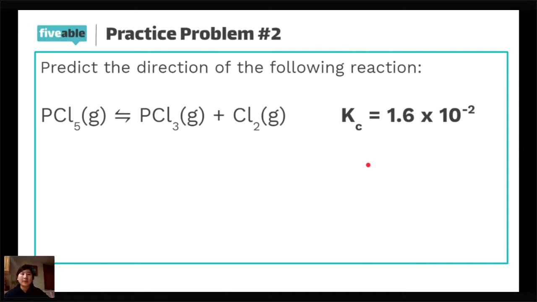But if they don't give you the pressure, then you should use the Kc, the molar equilibrium constant, if they give you a value in moles, or a value in concentration.